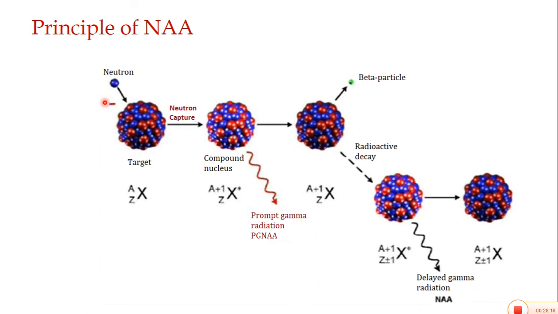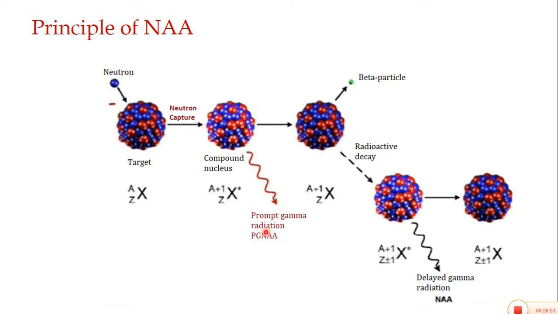So dear students, again I would like to repeat the process. When neutrons bombard the target material, the nucleus of an element of the target material captures a neutron, and after capturing the neutron, the nucleus becomes activated, because there is an excess of neutrons inside the nucleus. By capturing this neutron, very quickly radiation is emitted in the form of gamma, which is known as prompt gamma radiation.